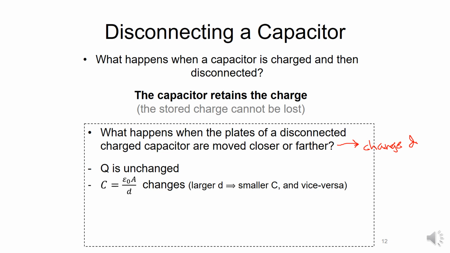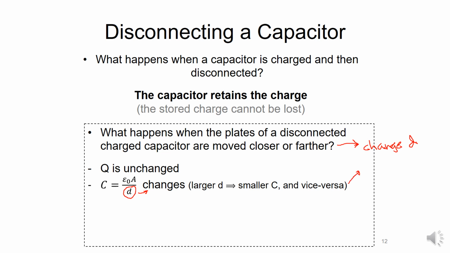The only factor that does change is D, because we're moving the plates closer or further. So if you have a bigger D, the plates are moved further away, then C, the capacitance, gets smaller, and vice versa.